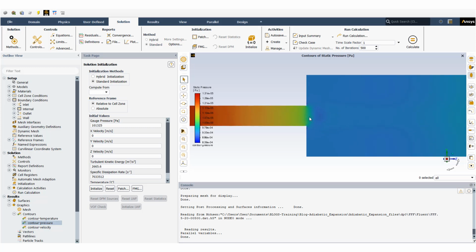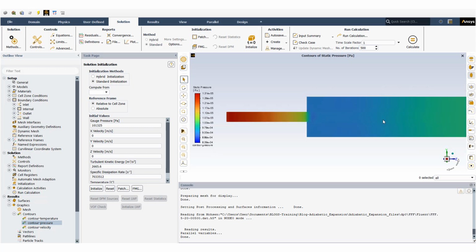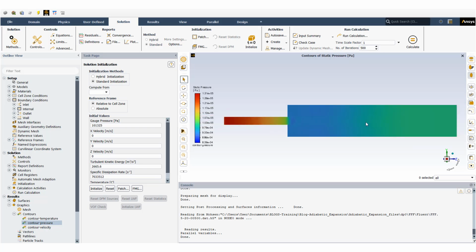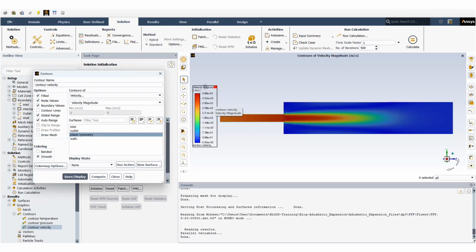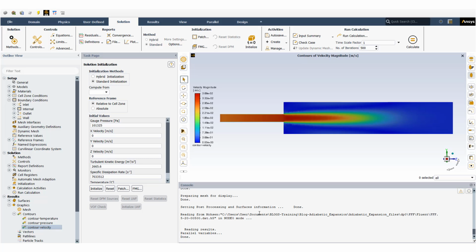So this adiabatic expansion causes not only the temperature to drop, but also the pressure to drop. And as you can see, it is about 370 meters per second, a high velocity that we can have.